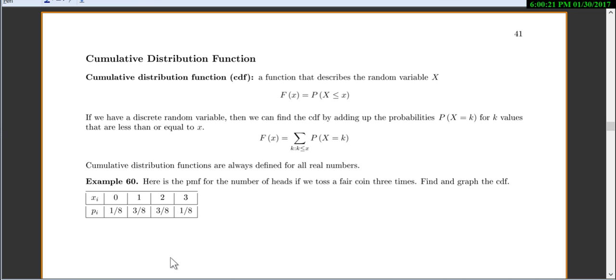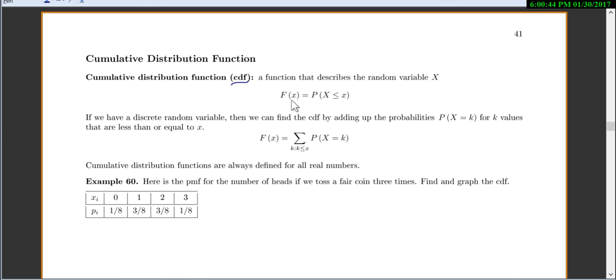Okay, so we had our probability mass function, our PMF, and that described the probability for each x value. Now we have what's called a cumulative distribution function, which we'll do as a CDF. And this is a function that describes cumulative probabilities. Now cumulative means kind of add them all up, right?